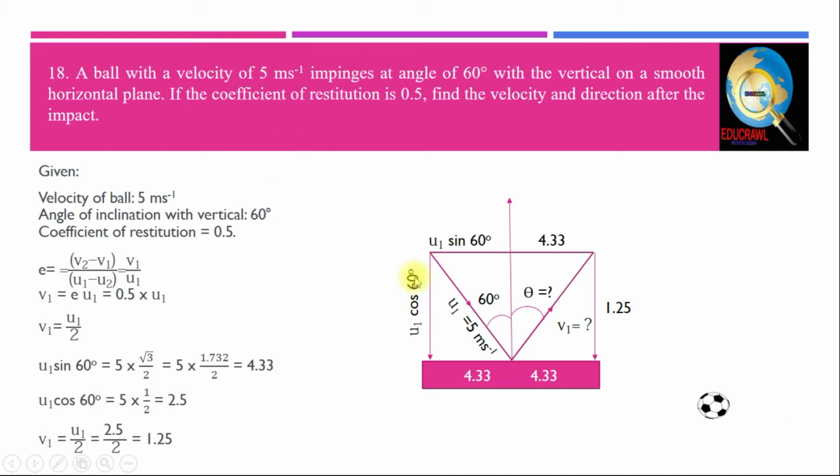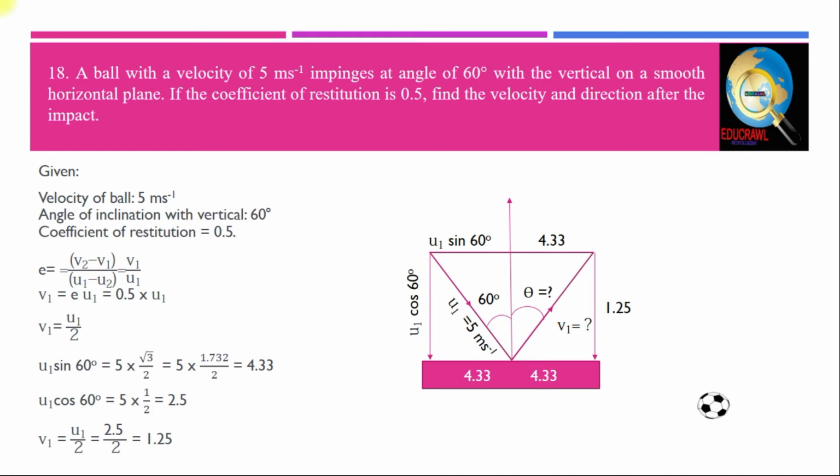So the velocity of ball is given as 5 meters per second. The angle of inclination with the vertical is 60 degree. The coefficient of restitution is given as 0.5. Here the given problem is analyzed with the inelastic collision. So initially a ball is coming and it is colliding with the surface.